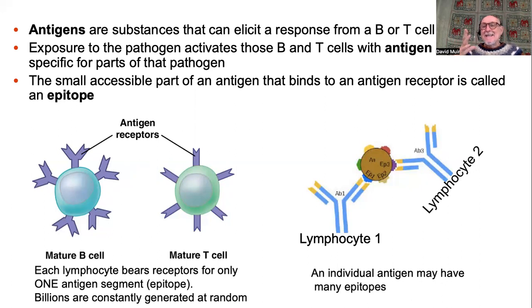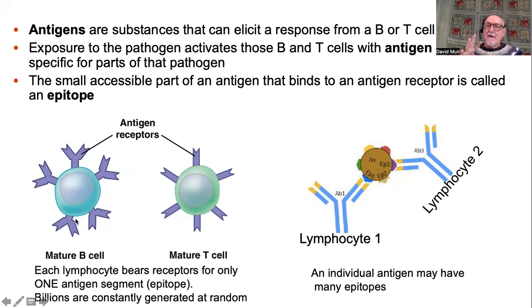An antigen is any substance which elicits a response from a B or a T cell or other cells of the immune system. In the adaptive immune system, it is anything which elicits a response from a B or a T cell. And the way in which the B and T cells interact with antigen is through receptors, which are present on their cell membranes.